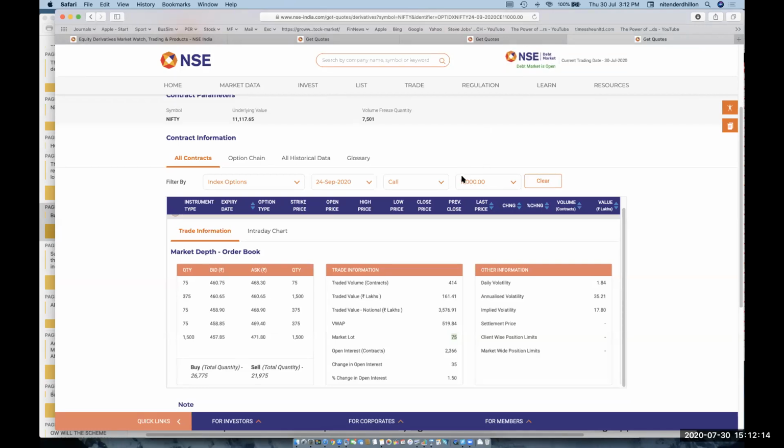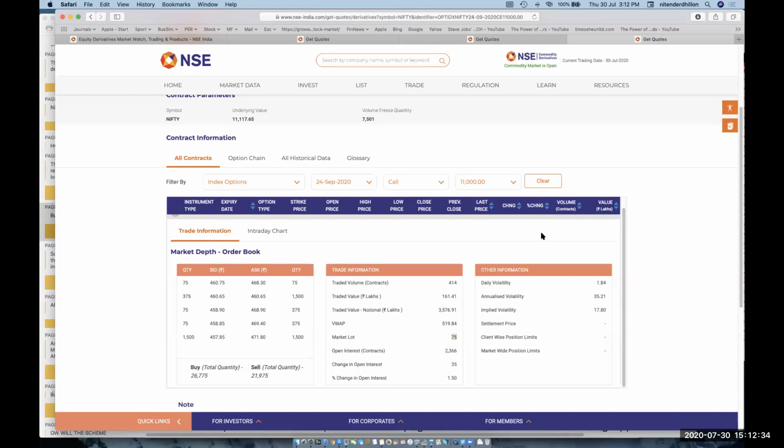The deal is 11,000. He has to buy at 11,000 and sell at 12,000. So 12 minus 11 is 1,000 points into a 1 rupee multiplier into 75 into the number of contracts, versus 462 into 75 into the number of contracts.